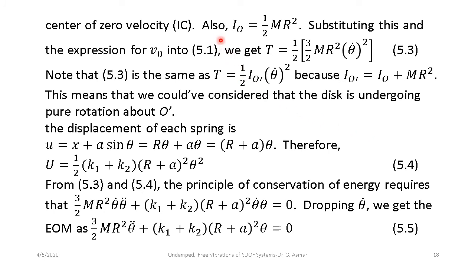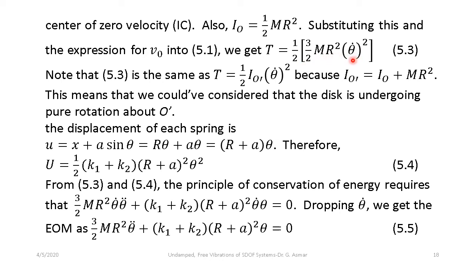Also, IO is 1/2 mr squared. That's a known formula for the mass moment of inertia of a disk or a cylinder about its center of mass. Now, substituting this and the expression for VO into equation 5.1, we get the total kinetic energy in the system to be equal to 1/2 times 3/2 mr squared theta dot squared.